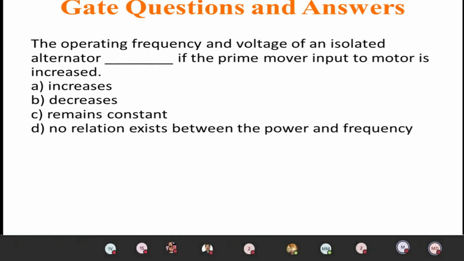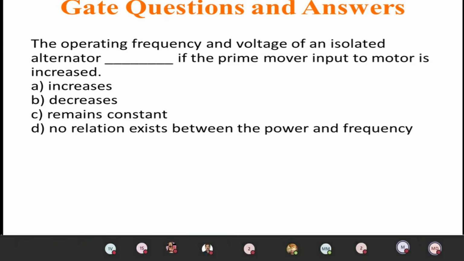Next: the operating frequency and voltage of an isolated alternator dash, if the prime mover input to the motor is increased. The options for the operating frequency are increase, decrease, remain constant, and D, no relation exists between the power and the frequency.